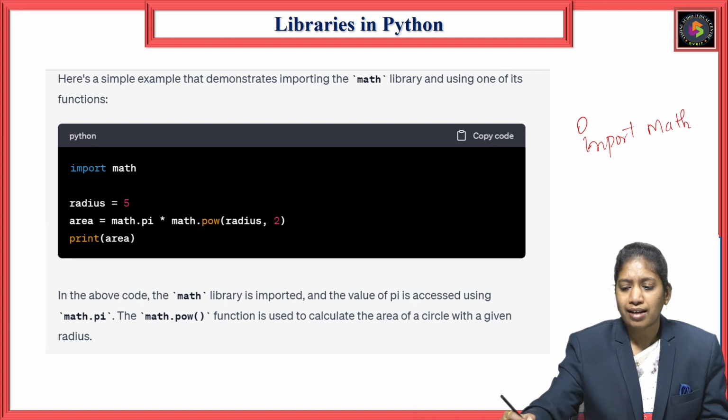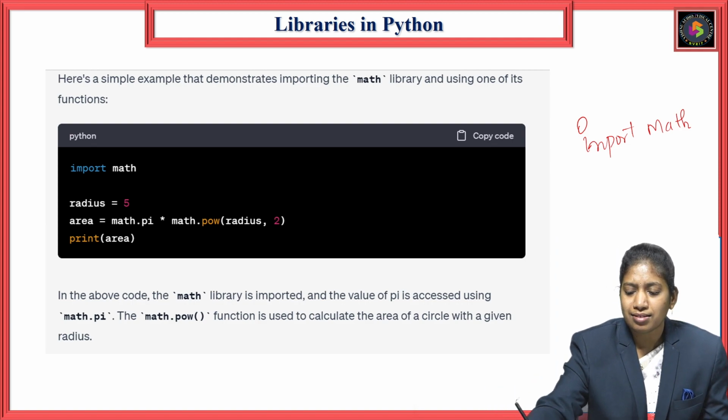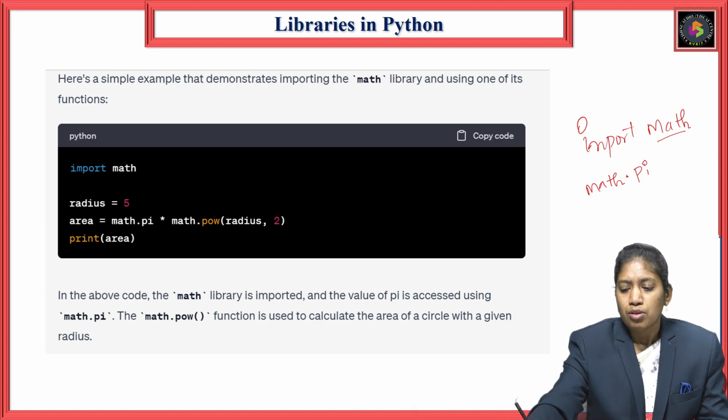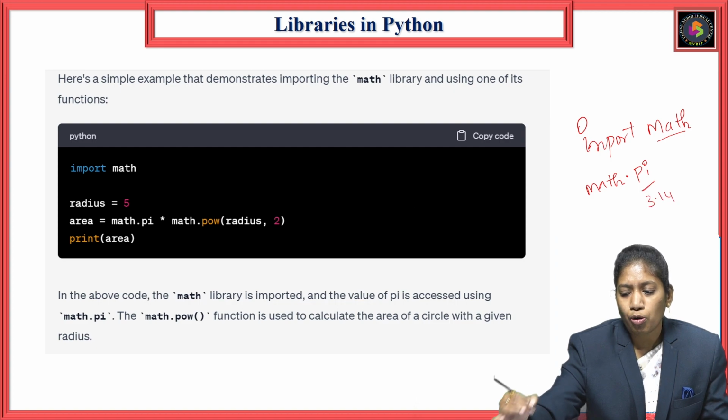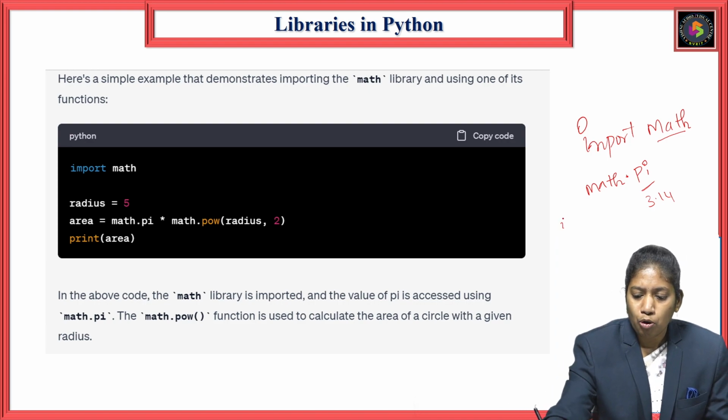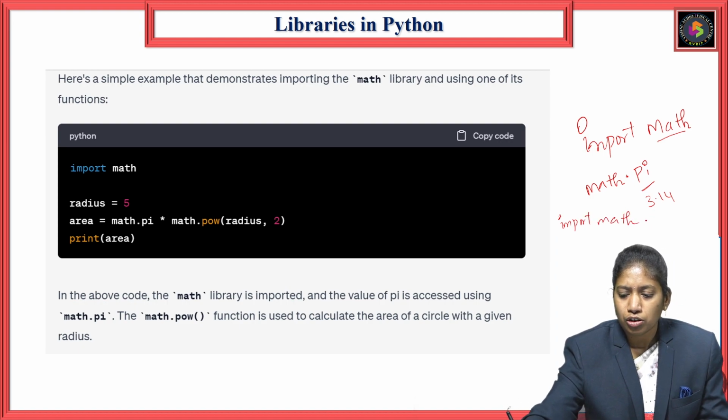I can access in my program. To access, if you use math, here I am using the pi variable with the help of the math class name. With math.pi I can access the pi value 3.14. Instead of using the math module name, I can write import math as m.